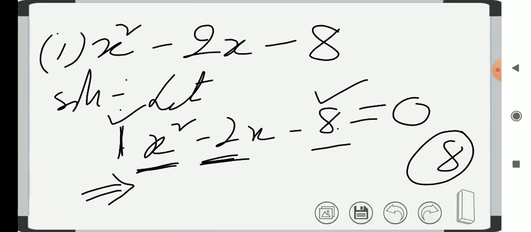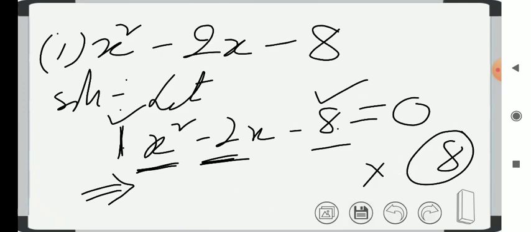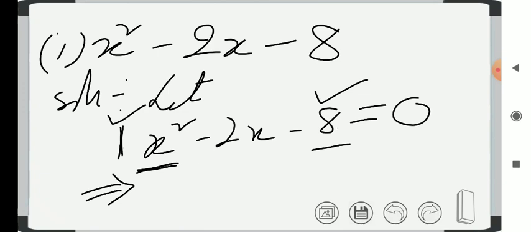So think of two numbers which when multiplied give 8, and when combined, added or subtracted, give 2. 4 into 2 is 8, and 4 minus 2 also becomes 2. So these are the two numbers we can use to factorize this polynomial.